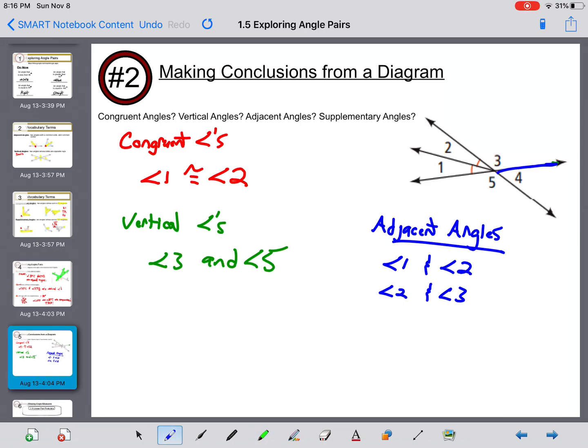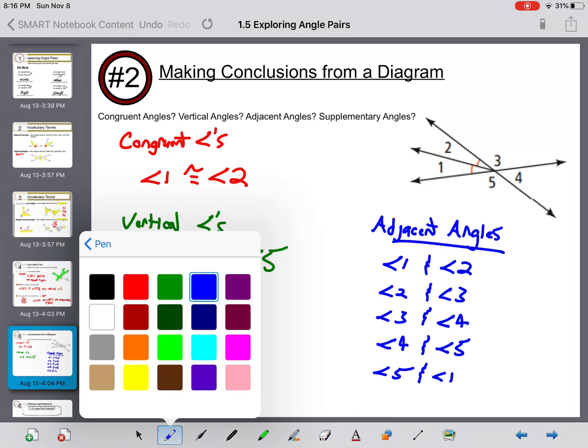Angle 3 and 4 share a side. 4 and 5, and 5 and 1. All adjacent angles, they all share sides, these angle pairs.